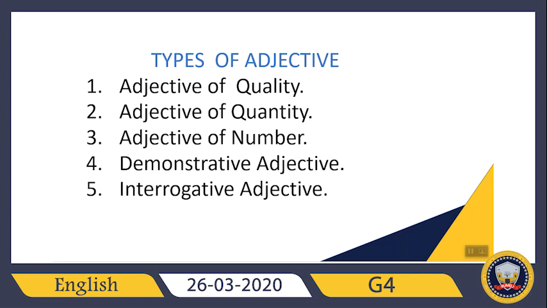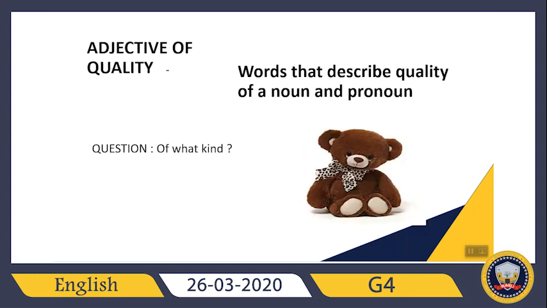The next one is the possessive adjective. We're going to be taking them one after the other. The first one we're going to pick is quantity. Then we go to quality, number, demonstrative, interrogative, and possessive. But now we're going to be looking at quality. The adjective of quality.